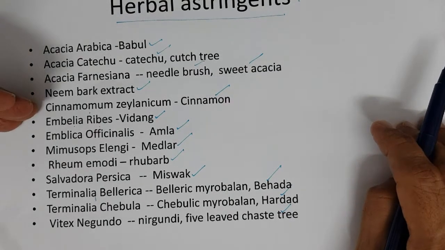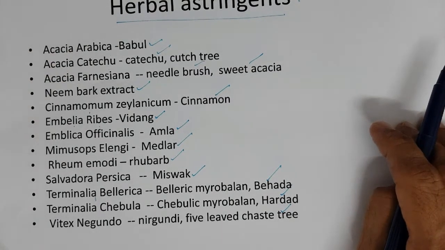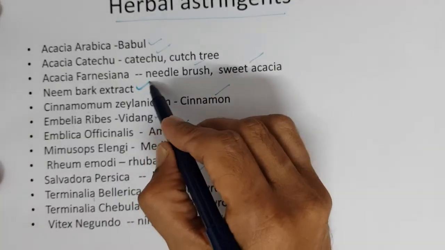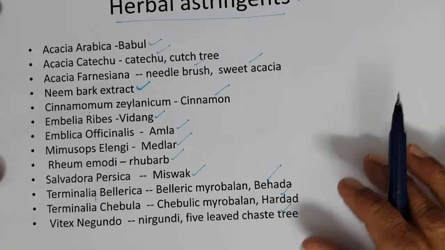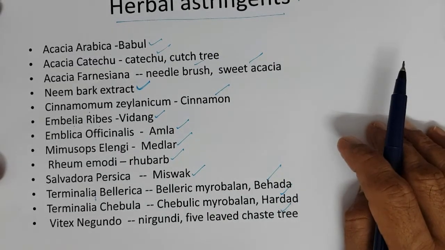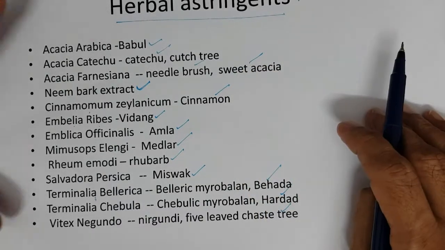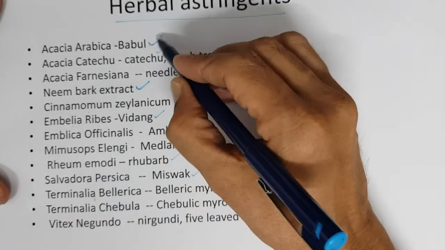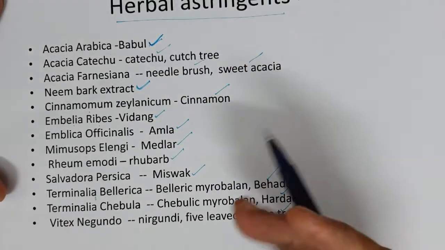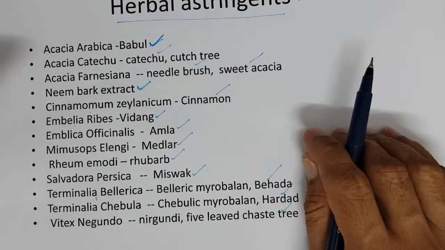Apart from astringents, some of them have antioxidant, antibacterial properties also. So neem bark extract is a very, very good astringent. Babul, right? These are all widely used. Then babul toothpaste is there, no? So babul is a good astringent.